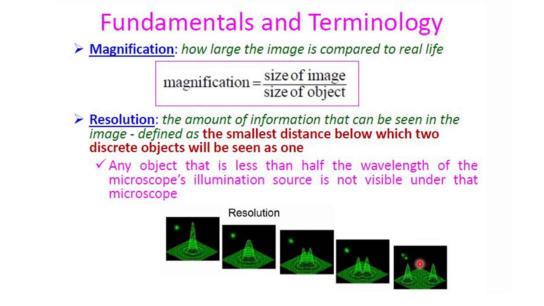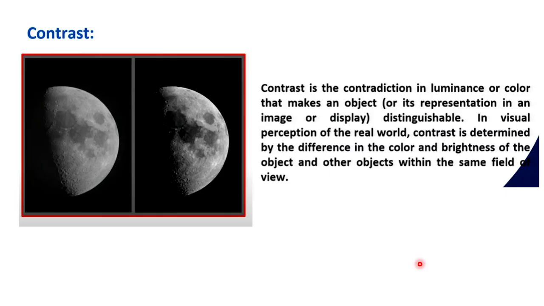So the wavelength of the light is the limitation of any illumination source. So if it is visible light and an object has a dimension below 200 nanometer, we cannot see it.